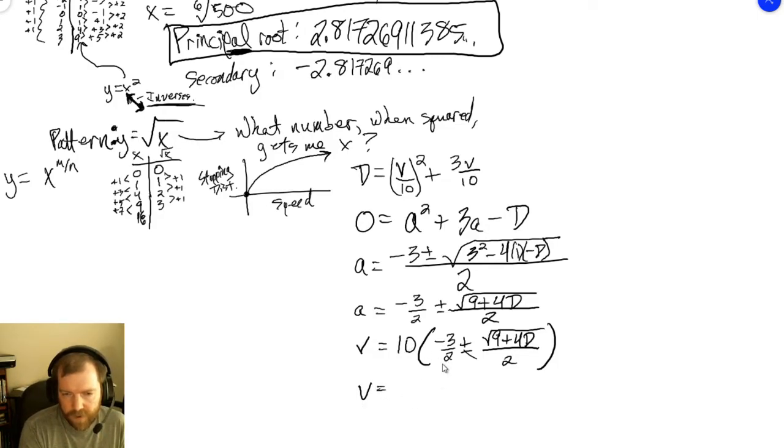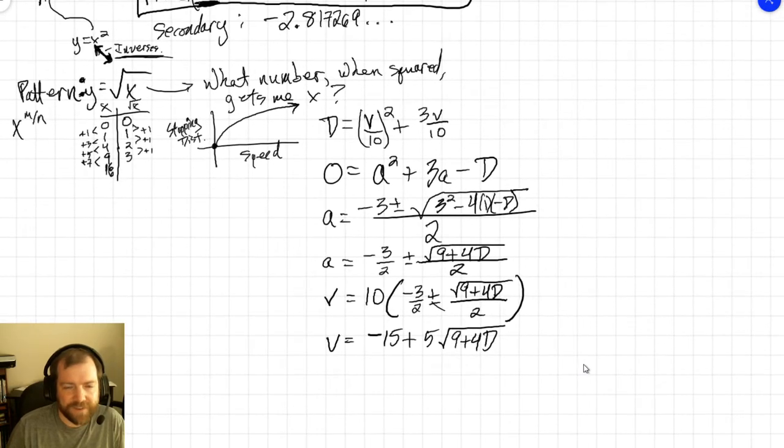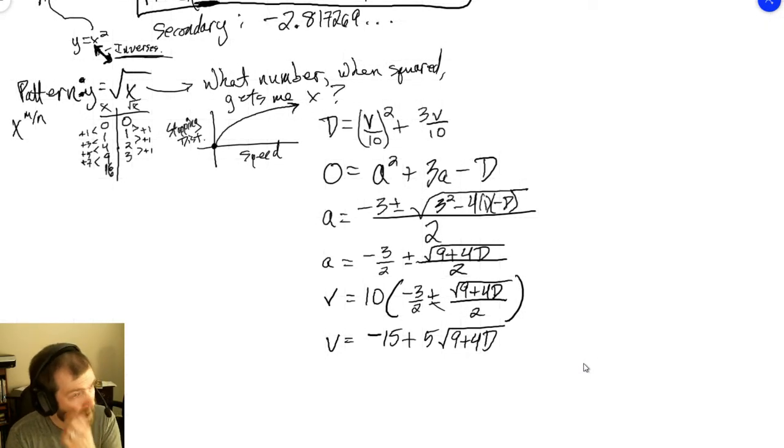So it's going to be negative 15 plus 5 square root of 9 plus 4d. That's interesting. I'm going to hold back on analyzing this much further, but it is a physics equation.